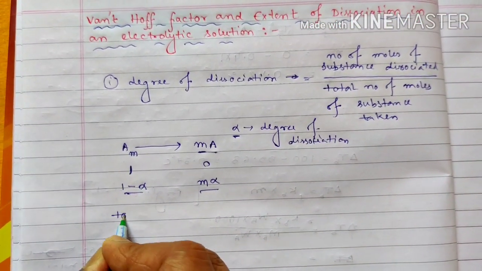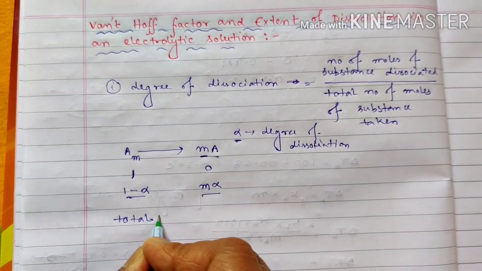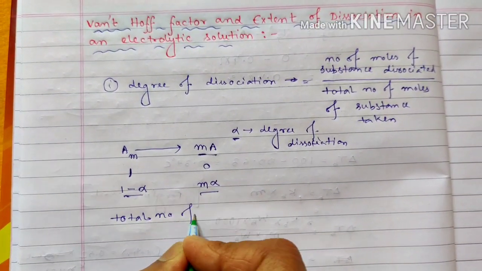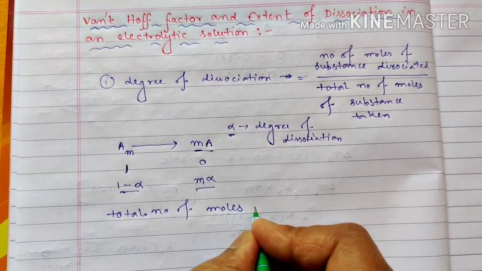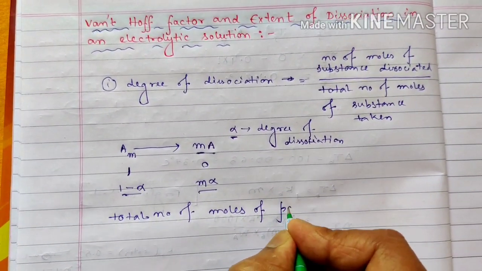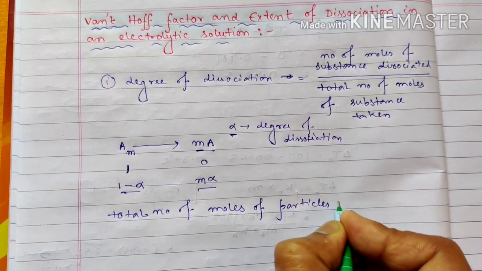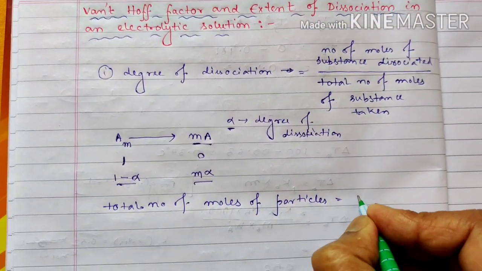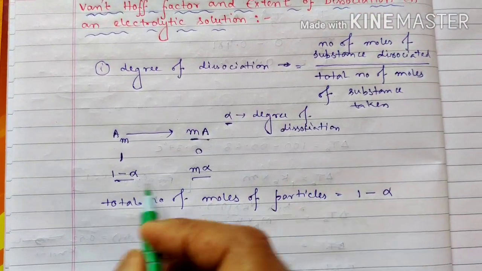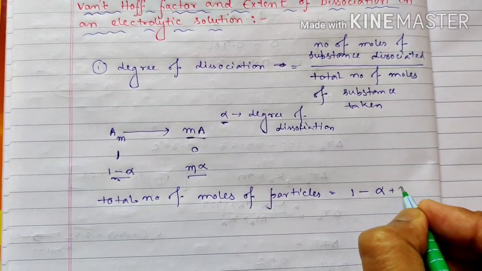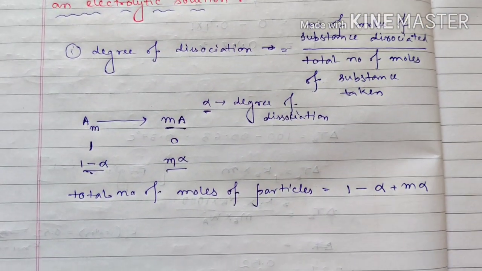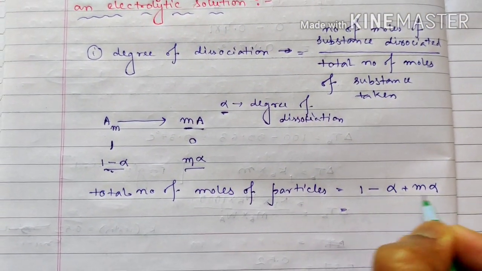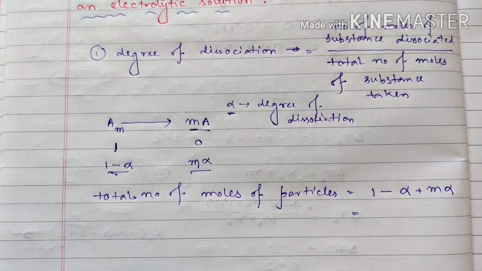So the total number of moles of particles should be 1 minus alpha, this much, plus m alpha. So this is the total number of moles after dissociation.